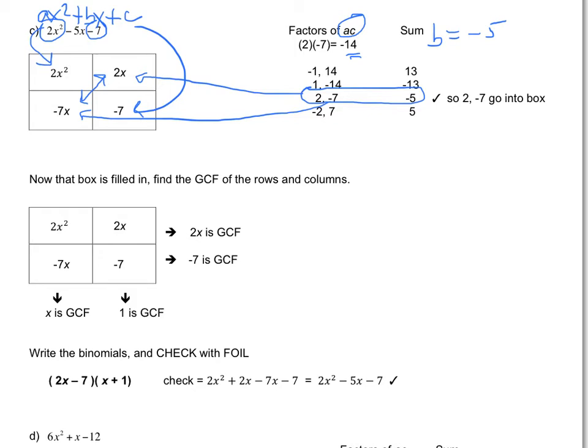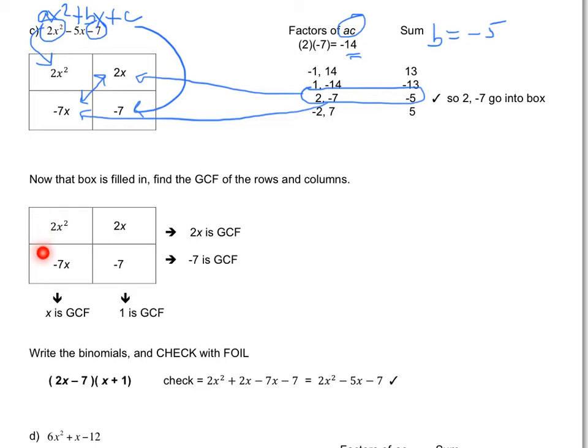We're going to find our GCF. So basically when we find the GCF, going across, 2x squared and a 2x, there's a 2x in common to both. Negative 7x and a negative 7, there's a negative 7 in both.